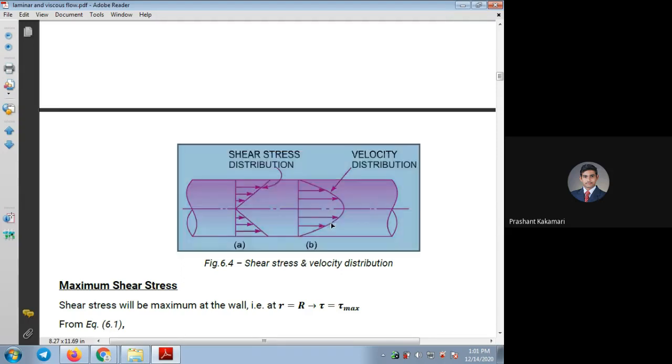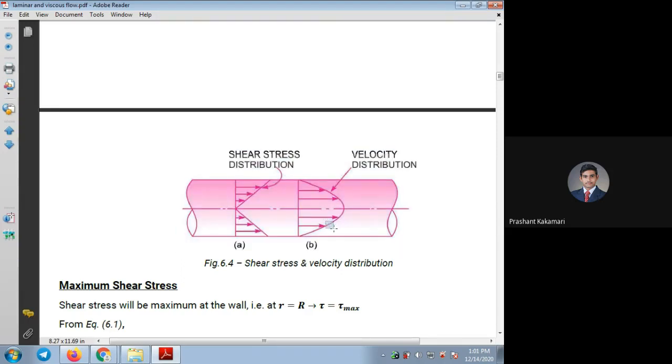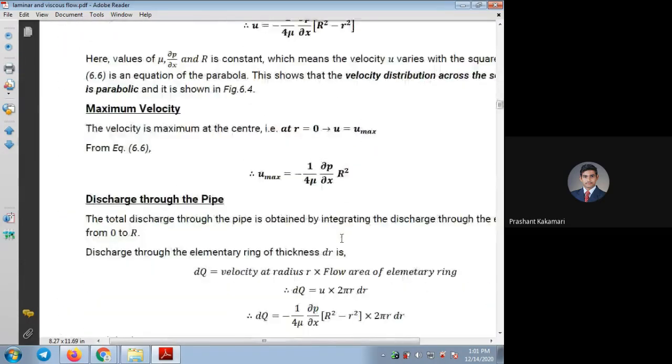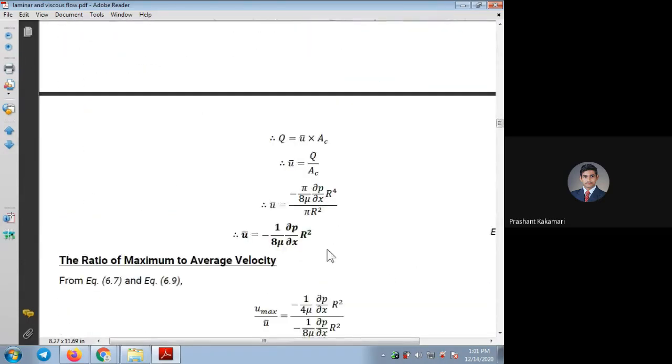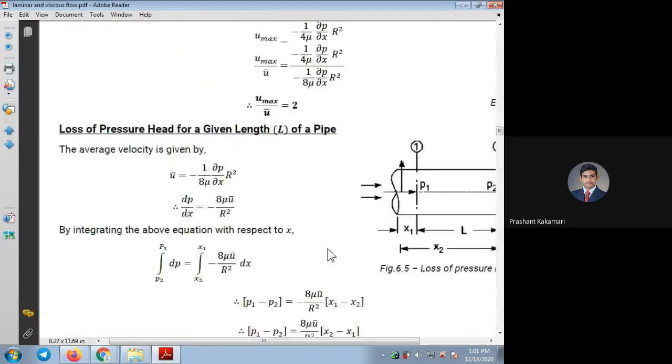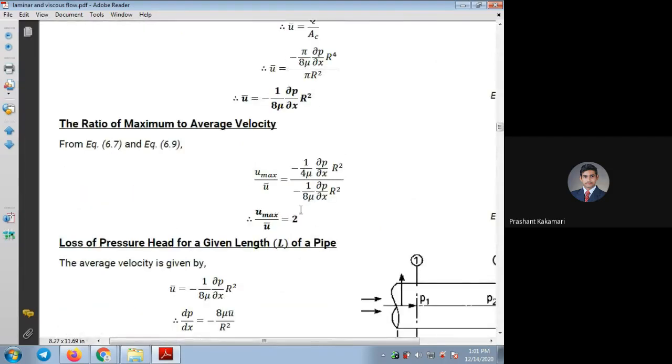Almost at this position, you can find the average velocity value. So that is defined by this equation: the ratio of maximum velocity to the average velocity is 2. Meaning the maximum velocity will be 2 times the average velocity. So wherever you get half the velocity from the maximum velocity, that position I can call the average velocity point in the pipe flow.